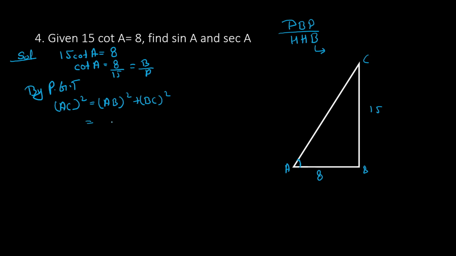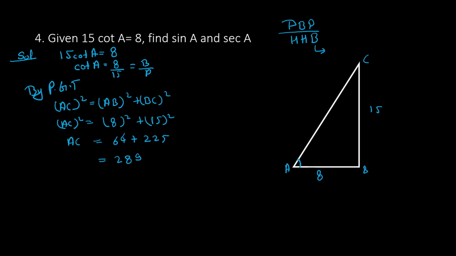AB is 8 plus BC is 15 and its whole square. And it is AC whole square. So 8 8s are 64 plus 15 into 15 equal to 225. We will add it: 5 plus 4 is 9, and 6 plus 2 is 8, and it will be 2, so 289.